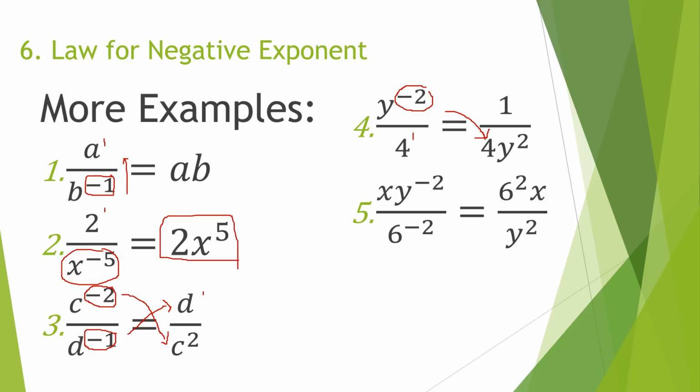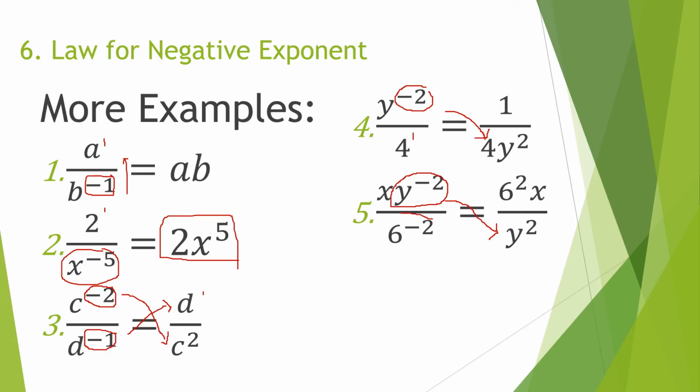And lastly, for example 5, we have x times y raised to negative 2 over 6 raised to negative 2. In here, only y has the exponent negative 2. So y raised to negative 2 should move to the denominator for it to be positive. So we have y squared.